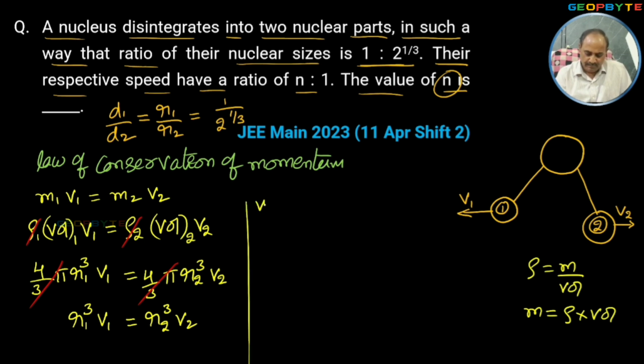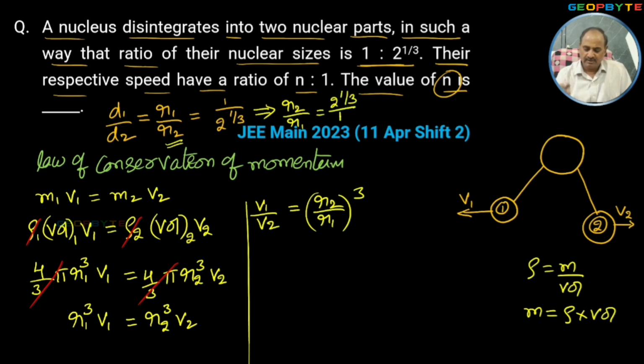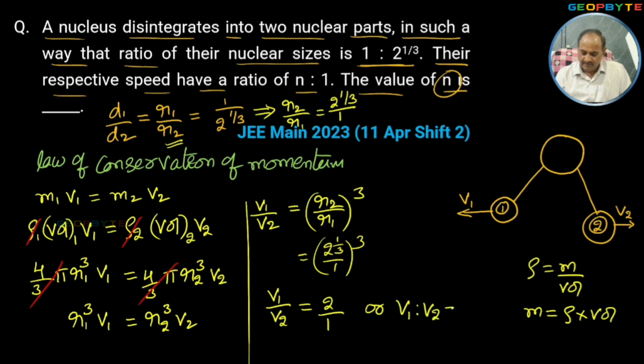From this, I can write that v1 by v2 equal to r2 by r1 whole power 3. But r1 by r2 is given. Since r1 by r2 is 1 by 2 power 1 by 3, I can write r2 by r1 equal to 2 power 1 by 3 divided by 1. So it is equal to 2 power 1 by 3 by 1 whole power 3. Therefore, v1 by v2 is equal to 2 by 1.